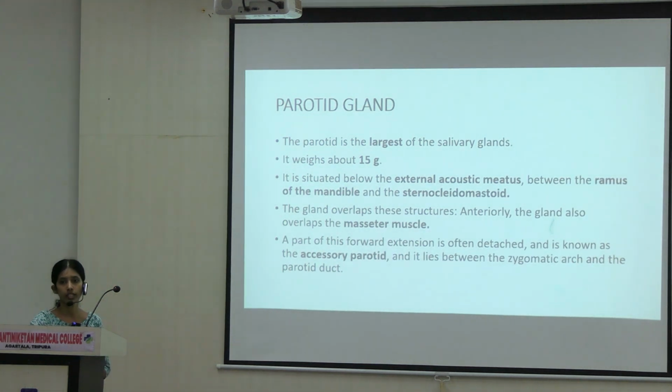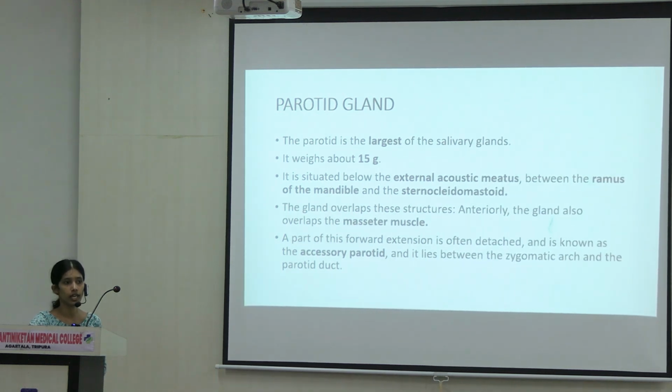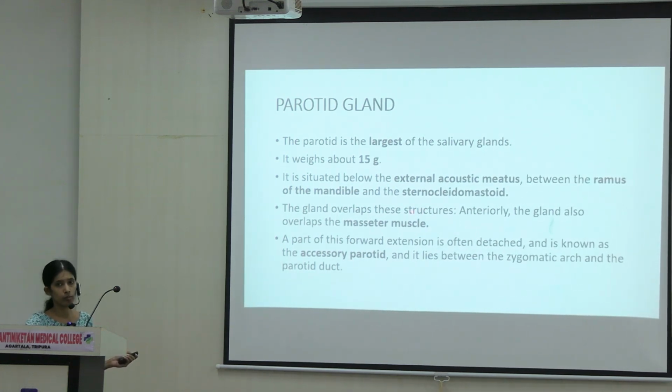So your parotid gland is the largest salivary gland present in our body and it weighs around 15 grams. It is present below the external auditory meatus and between your sternocleidomastoid muscle and the ramus of the mandible.